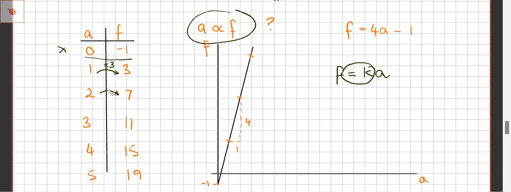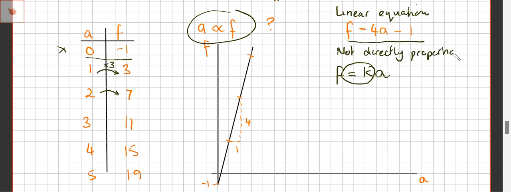This one's multiplied by not 3. Neither's this one. The rest aren't. So there is no constant. K stands for constant. Therefore, this is a linear equation, gives a straight line, but it's not directly proportional. That's the important bit.